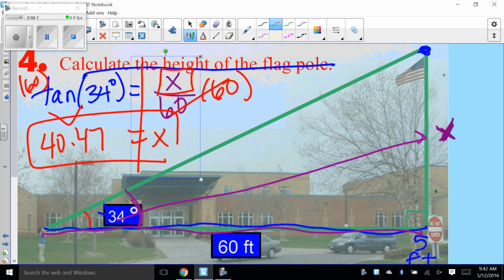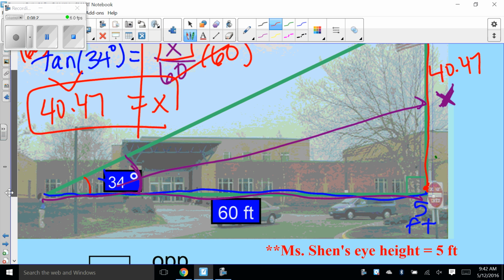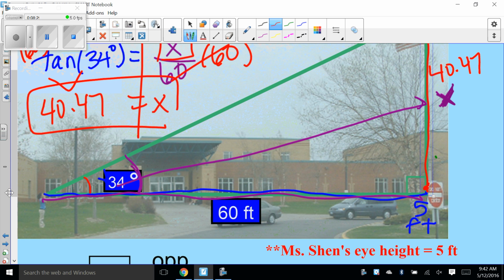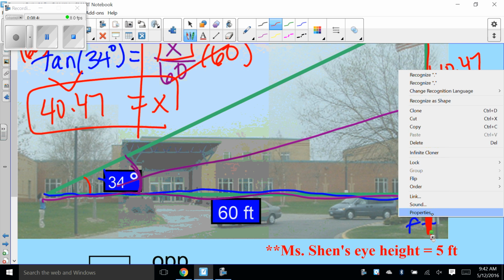So we know the height of our flagpole is 40.47 kind of. That's actually the height from the top of the flagpole to Miss Shen's eye height. But then we also have, she's about 5 feet tall to her eye height, so there's an extra 5 feet there. So we would be adding from the top of the flagpole to her eyes, and then from her eyes to the ground, because we have to also include that there is flagpole here.